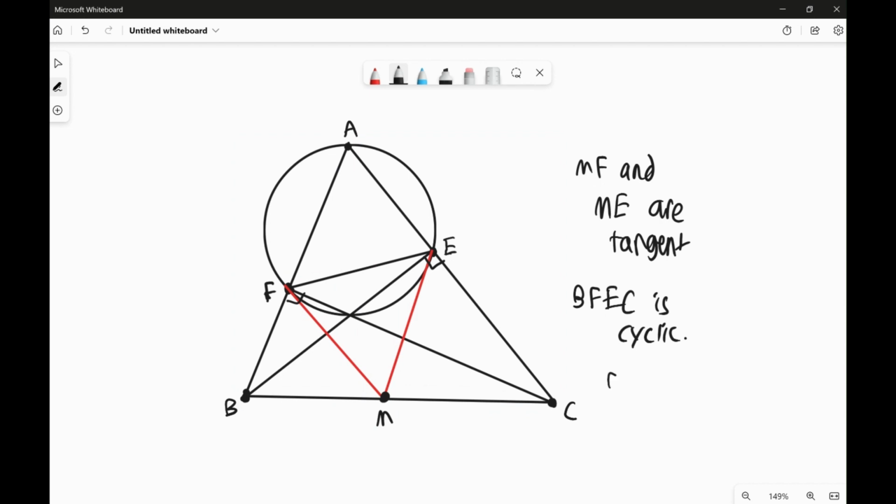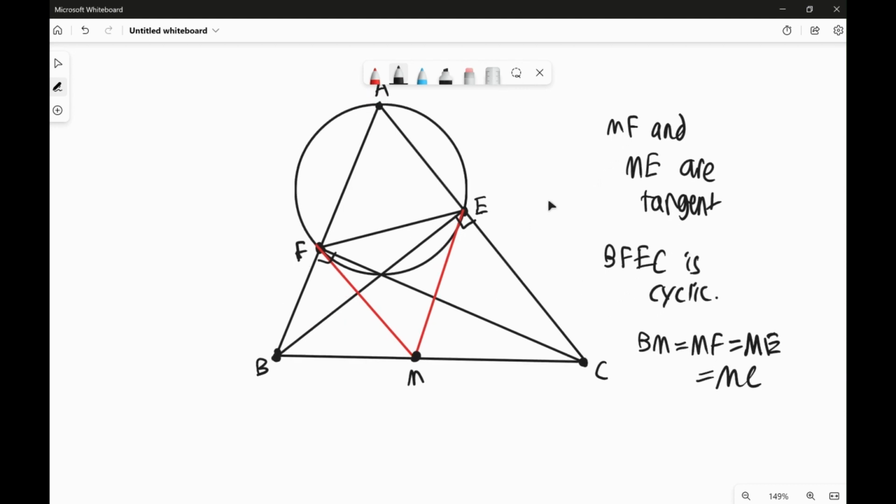So from here we know that BM is equal to MF is equal to ME is equal to MC. Surely this fact will definitely come in handy when proving that these circles are tangent. So let's go ahead and get into the problem now.